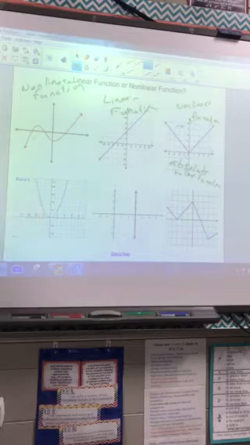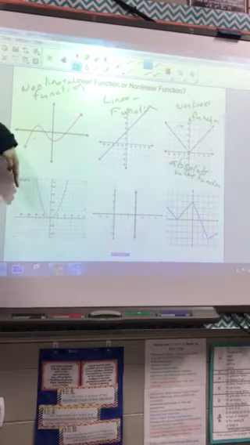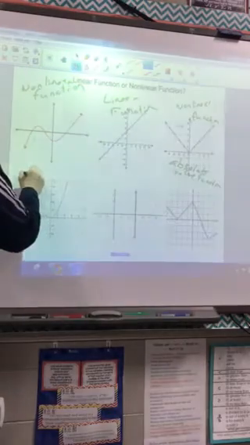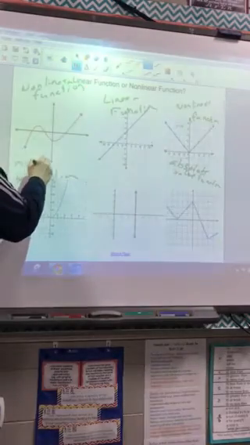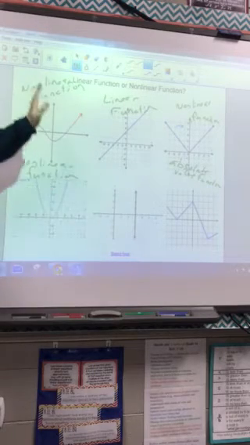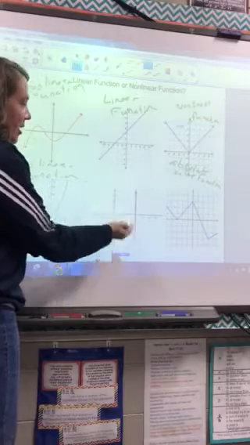This one, so it has to be linear and a function. So vertical line test, it passes the vertical line test, so we know it is a function. But it's not a line. It's a nonlinear function. The next one, is it a function?